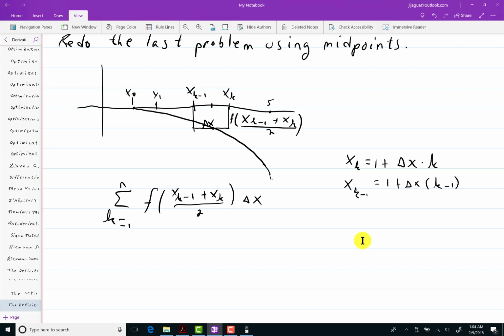So, what I'll do with this, I think it's easier if I start with the sum k equals 1 to n, f of 1/2 times (x sub k minus 1 plus x sub k), delta x, and then let me go ahead and put in my numbers.